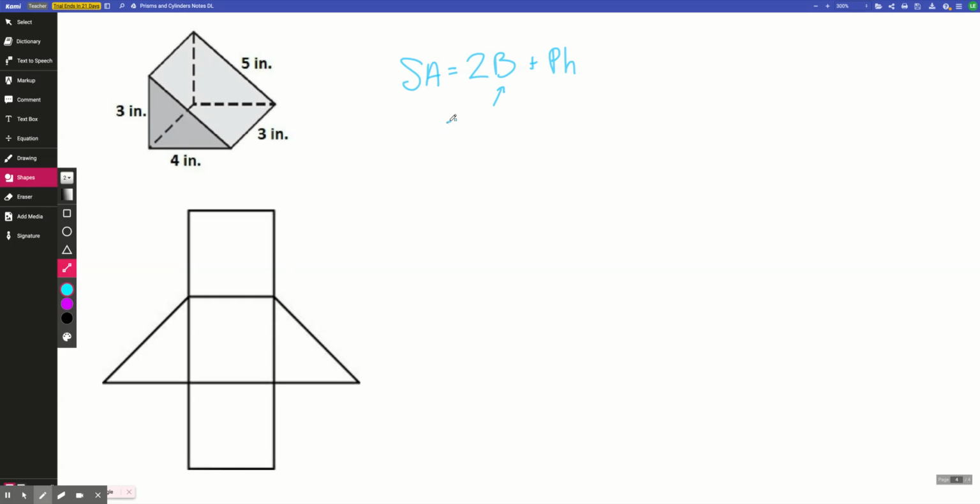Remember, b is the area of the base shape, which in this case is that triangle right there. And I'll tell you, it's a right triangle, right? So your base and your height of that triangle would be 3 and 4. Okay. P stands for the perimeter of the base shape.